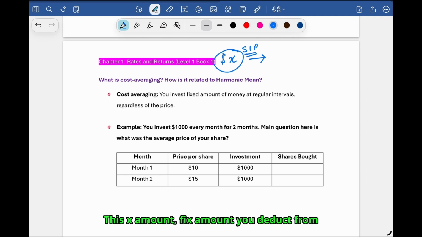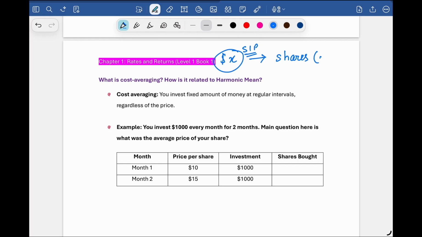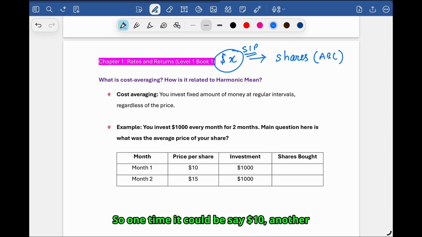This fixed amount X you deduct from your salary and then invest in shares, say ABC shares. But you know that in the stock market, share prices fluctuate, right? So one time it could be $10, another time $15, another time $8.